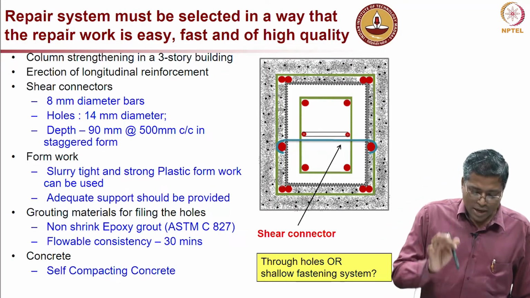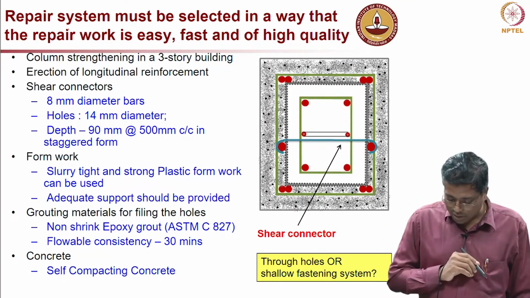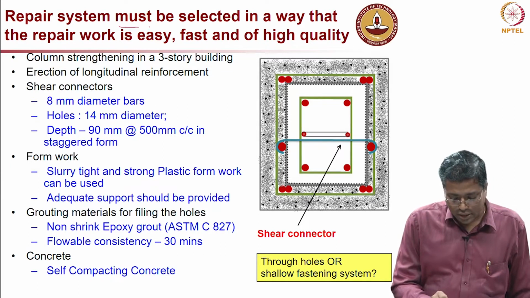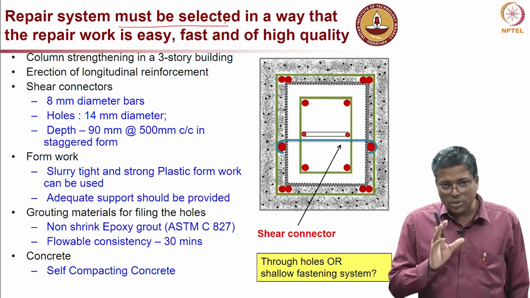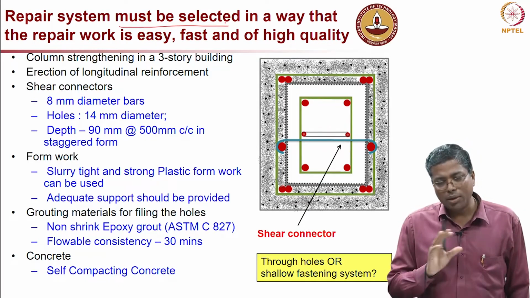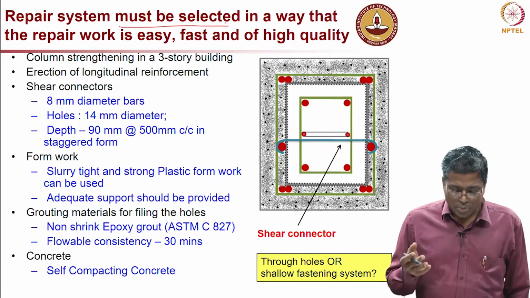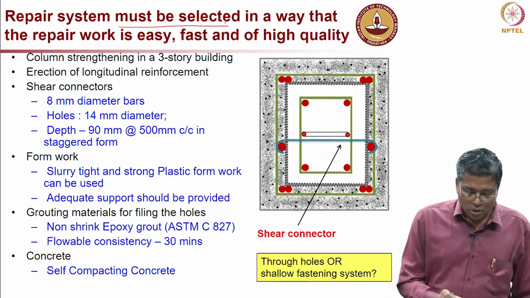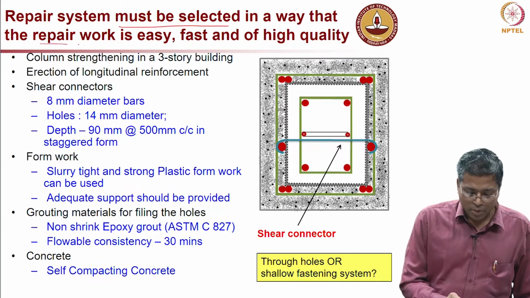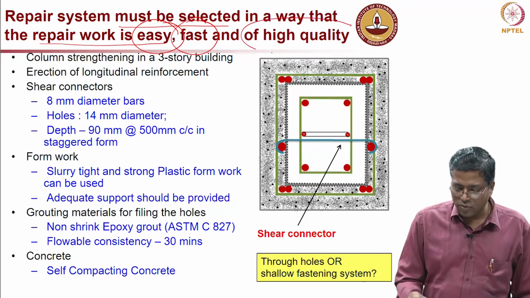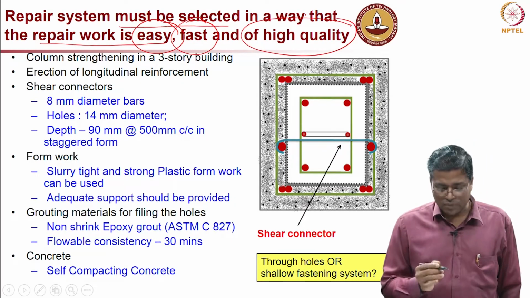This is why I made this slide, to tell you how to select a repair system, because the same column can be repaired in multiple ways. But the way you choose should make the repair work easy, fast and of high quality. Three things are very important.